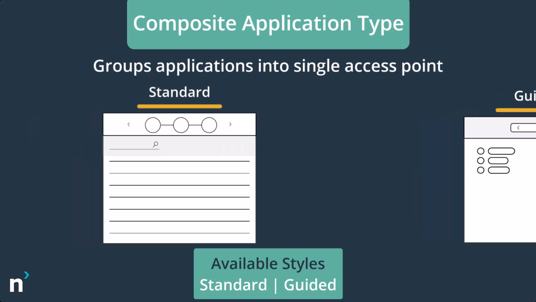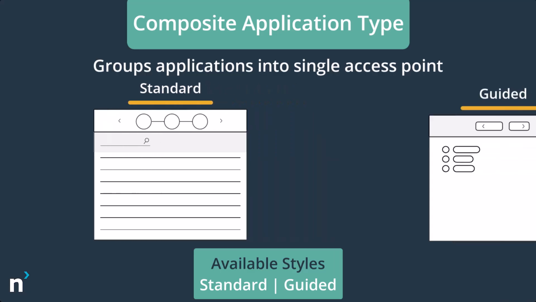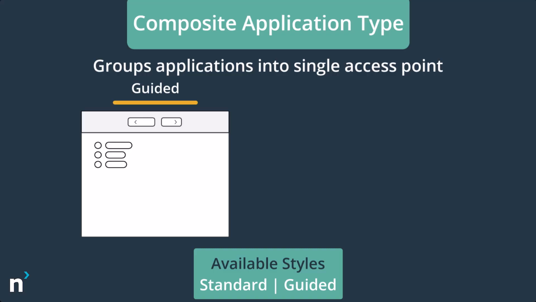The standard style creates a standard composite application, which can optionally be configured with navigation cues for users. In this application style, you can select the arrows or icons in the header region to change between steps. The guided style creates an ordered, guided navigation experience through a composite application with a simplified user interface.